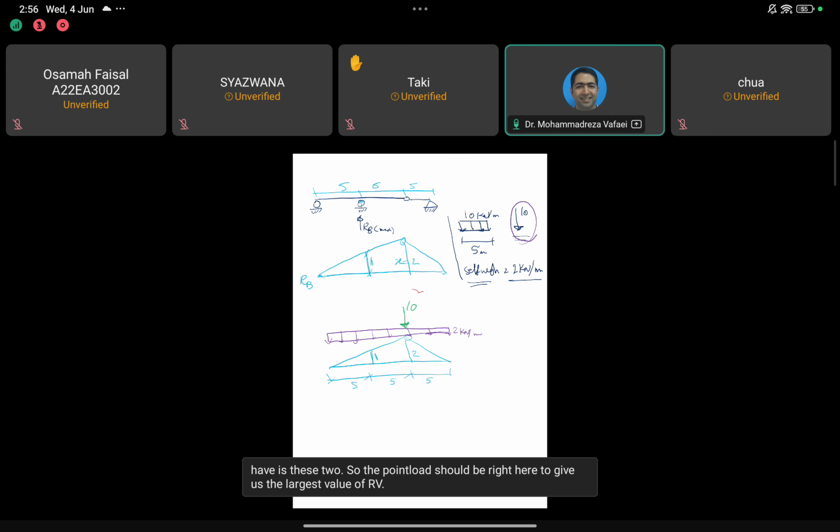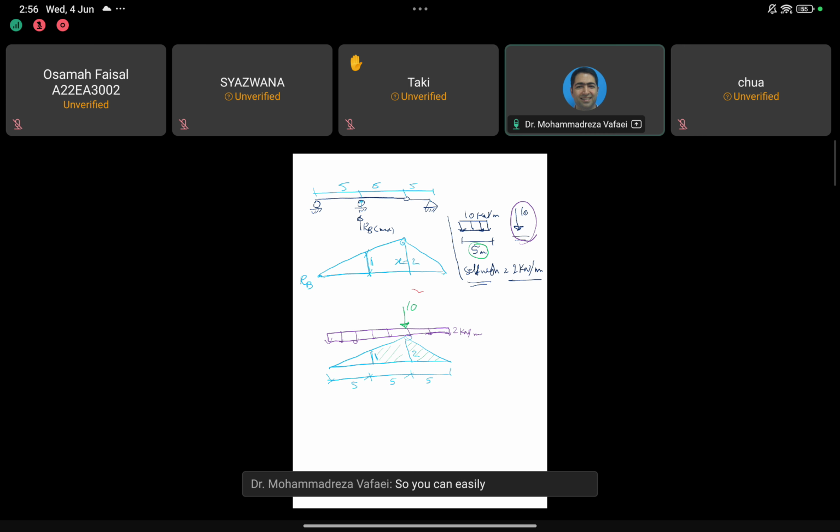Now it comes to the second moving load, which is uniform. Where should I put it? I can put it on the right side here, or I can put it on the left side. To make my decision final, we need to see which of these two areas is larger, because we are looking for RB max. The larger the area, the larger will be the result of this reaction.